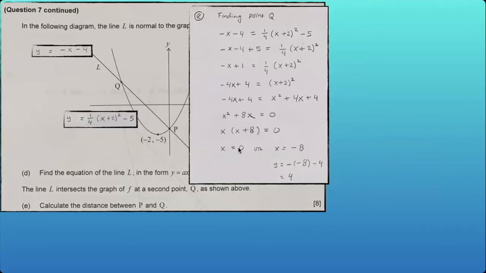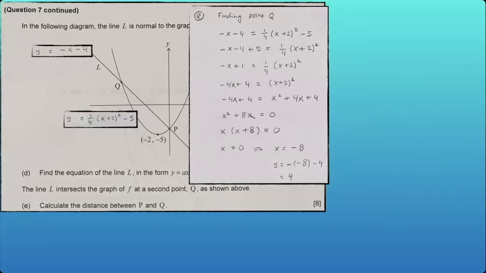X is equal to 0. Now this belongs to point P, but what we want is point Q. So point Q is actually when x is equal to -8. Substitute x is equal to -8 to either this equation or that equation. I choose this equation because this is easier in order to find y coordinate of Q. So there you go.